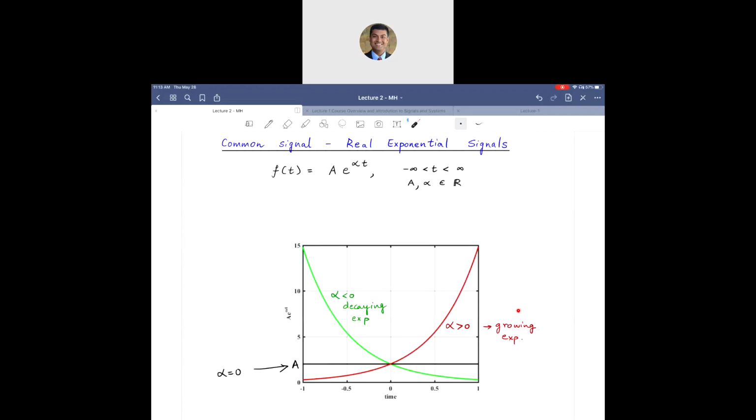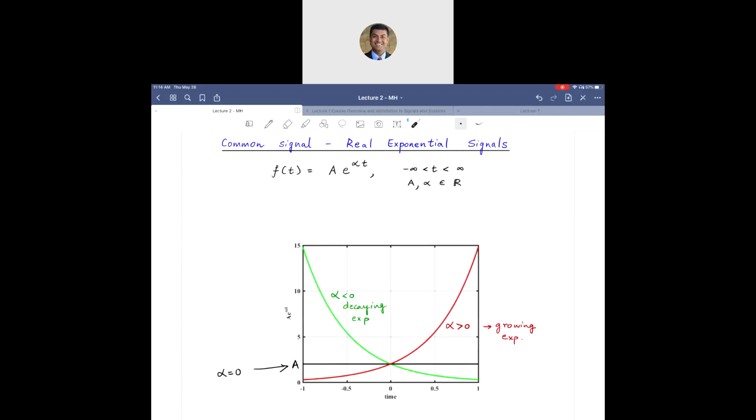The choice of the color indicates that we should be worried about this. Why? Because something that grows exponentially with time can be indicative of instability, an unstable system. So that's why I've indicated that as a growing exponential in a red color.